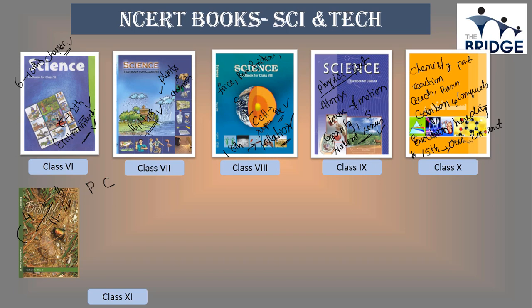Unit 4 deals with animals. Clear? Animals, that is the classification of animals into different phyla and kingdoms and the processes and functions that happen within them. The same thing is explained in unit 5 with respect to plants. What you have studied in the 7th class book, you can correlate with 11th class biology.